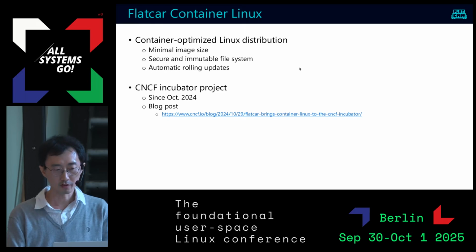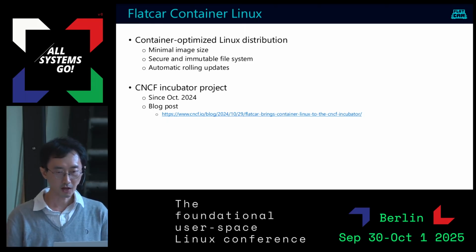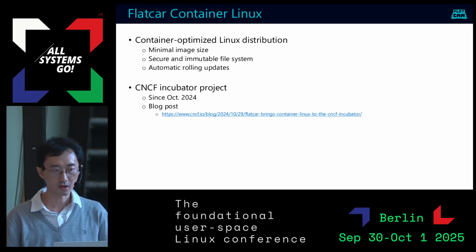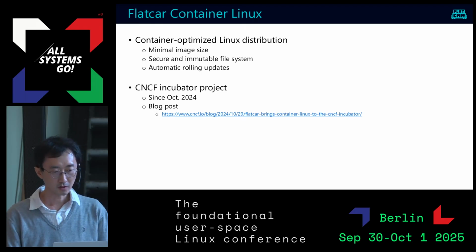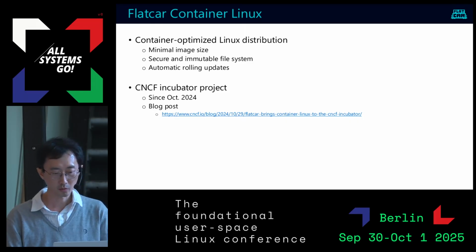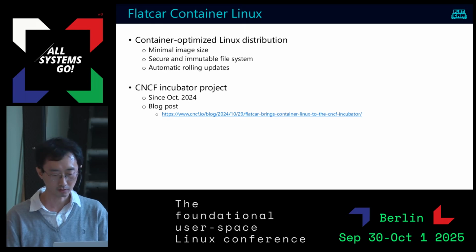And the third one, automatic rolling updates, is also very important for controlling many nodes at the same time, so that users do not have to care about manual updates and so on. This project has been a CNCF incubating project since last year, October. And feel free to look into the blog post or conference talks given by other Flatcar folks.